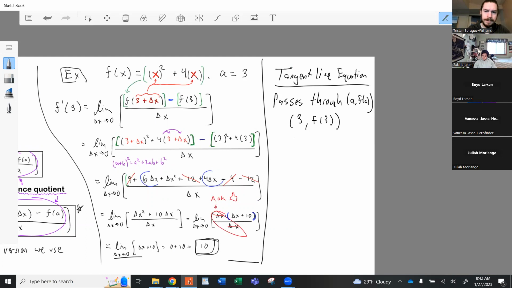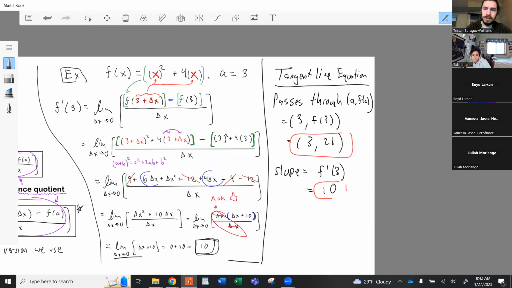What's f of 3? 3 squared plus 4 times 3, that was 9 plus 12, that's 21, if I do my arithmetic right. 3 comma 21 is our point. That's the point the tangent line has to pass through. And then the slope is f prime of 3, which we just found is equal to 10. So these are the two key pieces of information. We need the point and we need the slope.